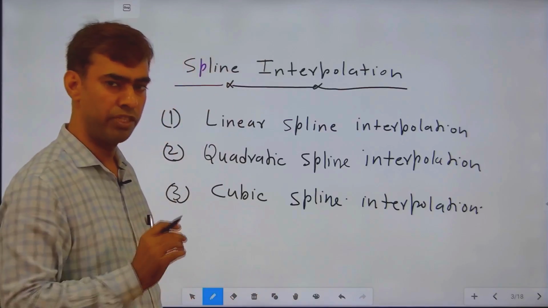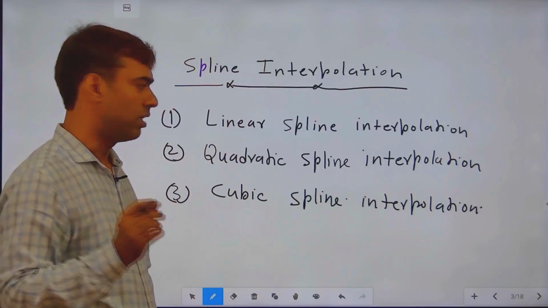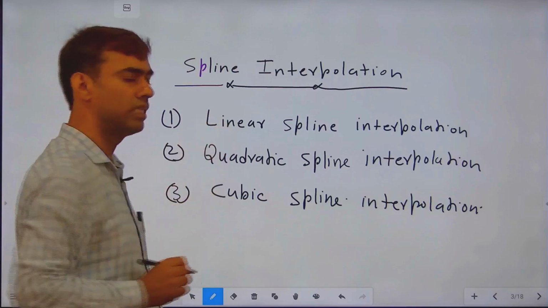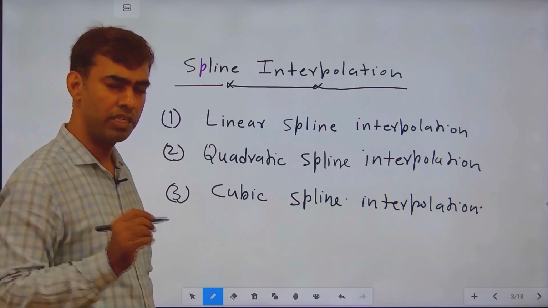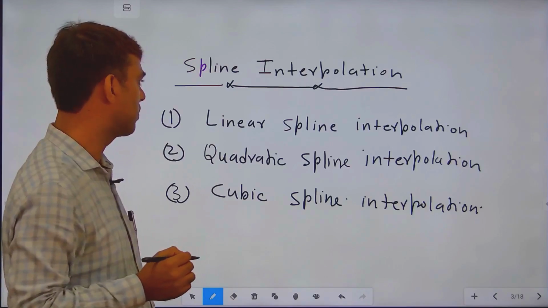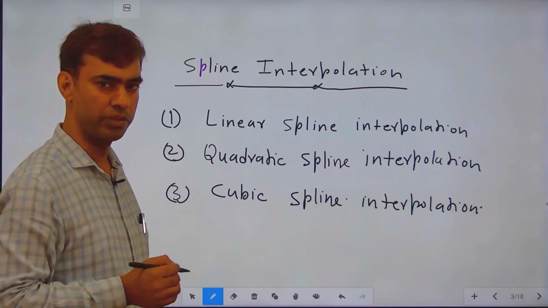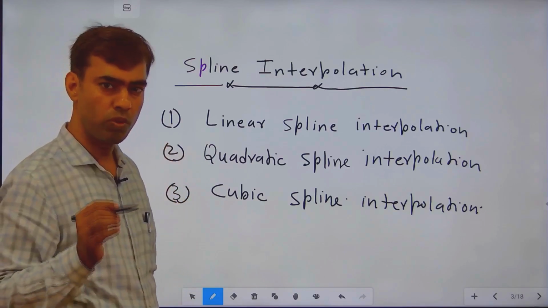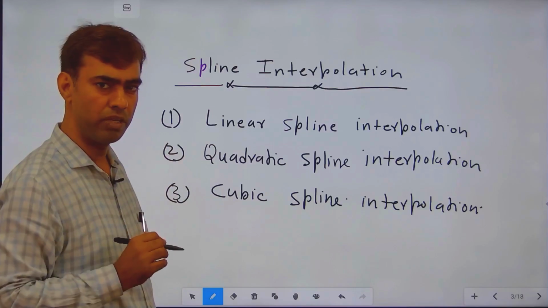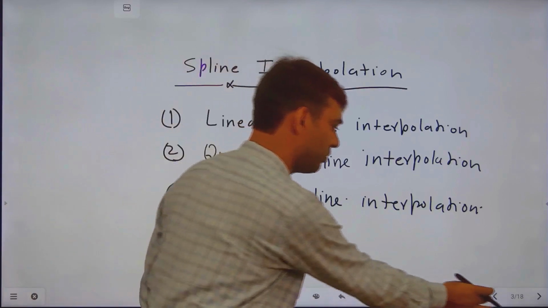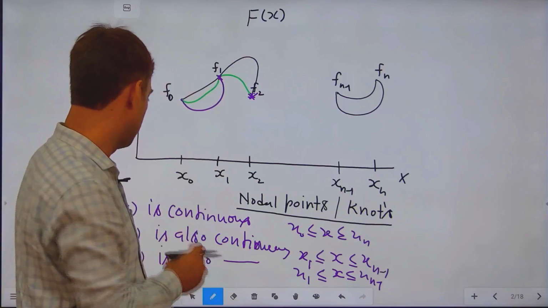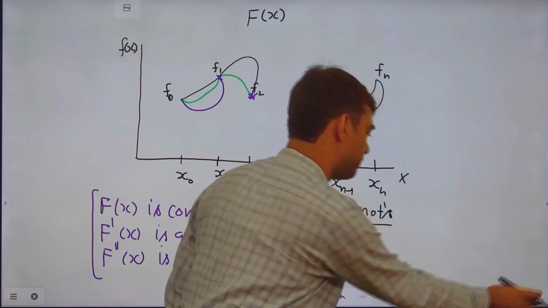If we fit a linear curve between two known values, this is known as a linear spline, and you may also call a linear spline piecewise linear interpolation. If we fit a quadratic curve between two known values, we say quadratic spline interpolation.